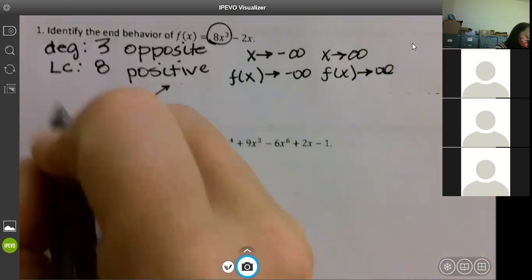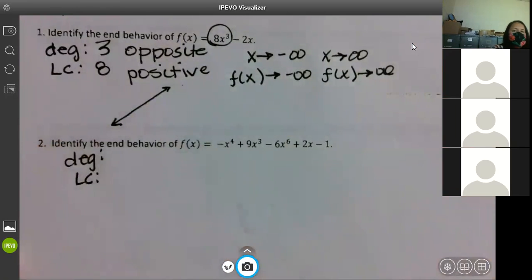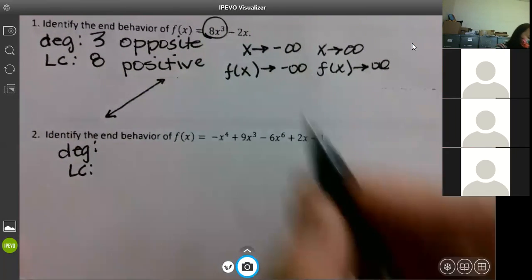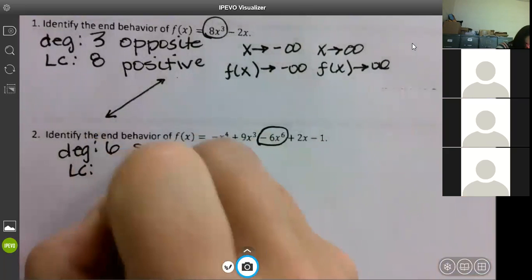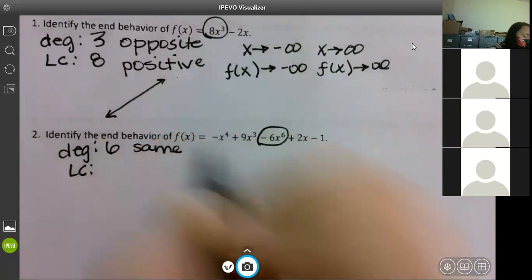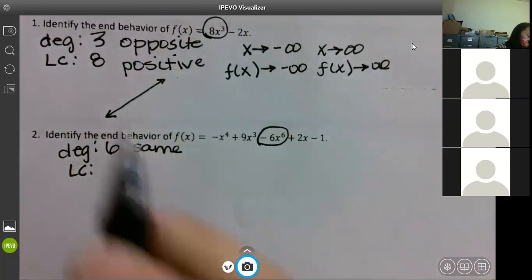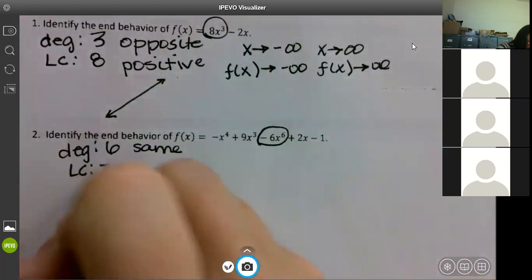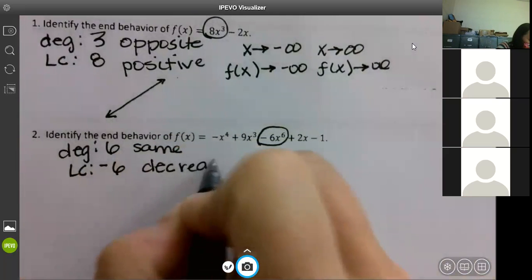We need the degree and the leading coefficient. What's your degree? Good. Make sure you get the highest power. It's an even, so that means it's pointing in the same direction. What's your leading coefficient? That means it is decreasing.